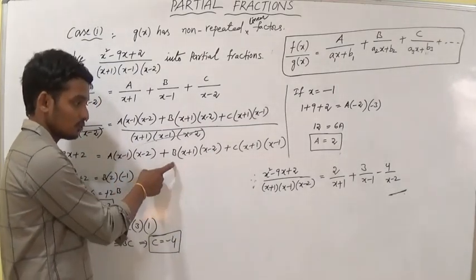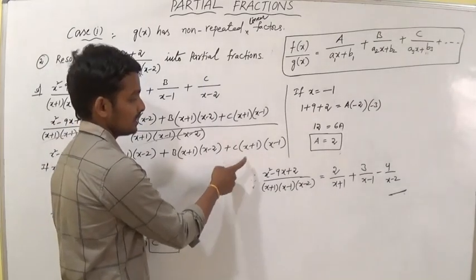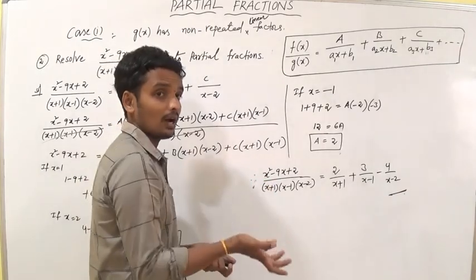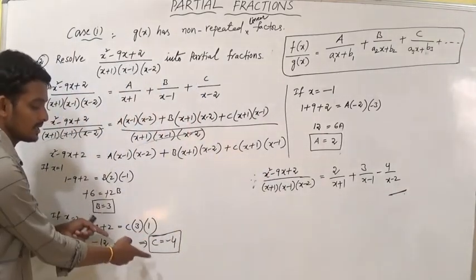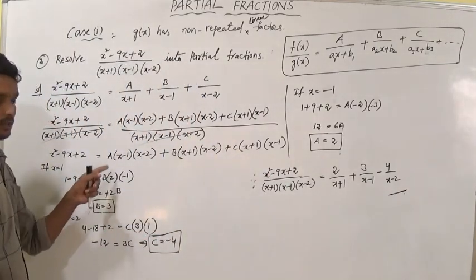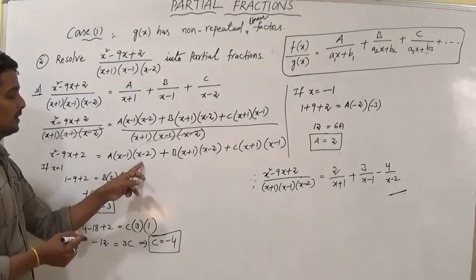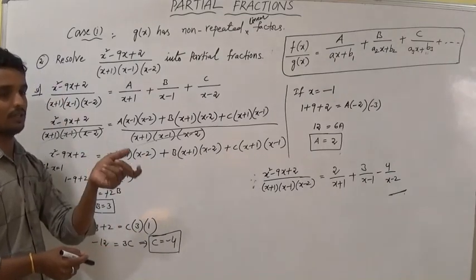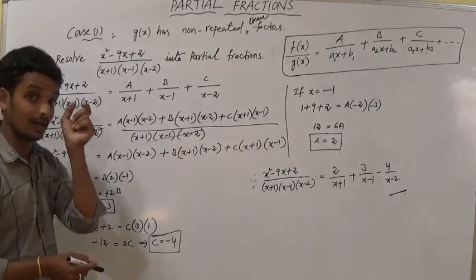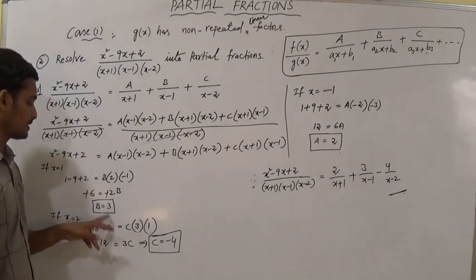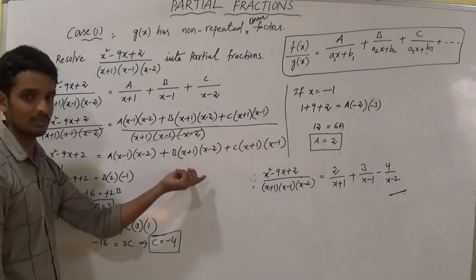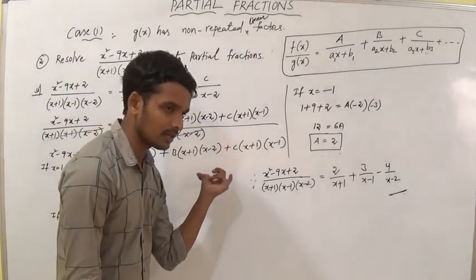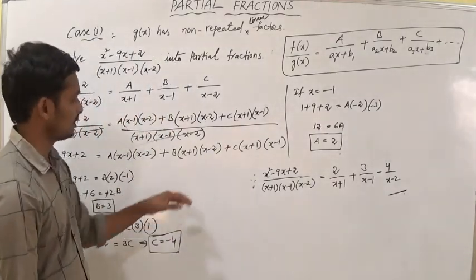Here also we are getting C, 0 plus 1 is 1, 0 minus 1 is minus 1, 1 into minus 1, minus C. But you already know the values of B and C. We are getting an equation with 2A, something B, something C, so you get an equation in the form of A, B and C. But you already have the values of B and C. B is 3, C is minus 4. Substitute that, and you will get the equation. So you substitute B and C, and you will get the value of A.